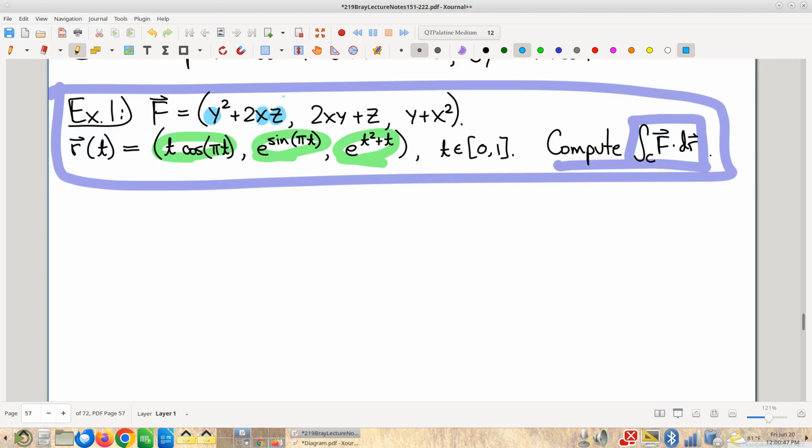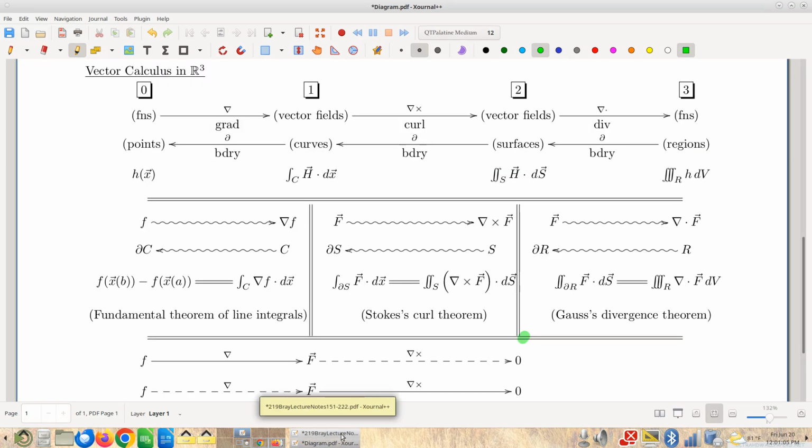Could be more as far as the variables are concerned. Not all variables actually have to show up, but the fact that there are 3 coordinates in the vector field and 3 coordinates for your parameterization means we're in 3 dimensions. Is that cool? So we're looking for a line integral in 3 dimensions, and there it is.